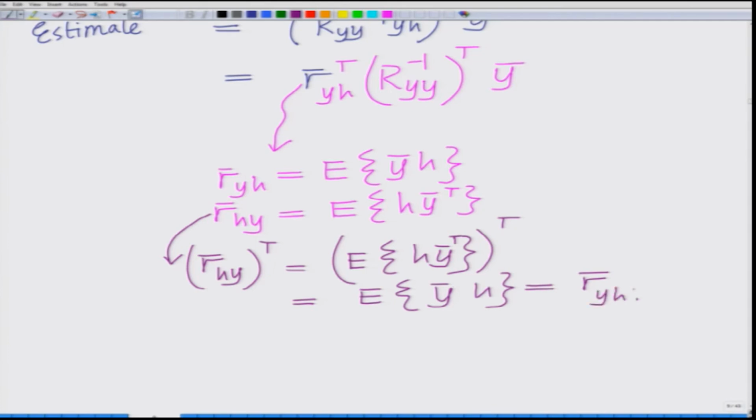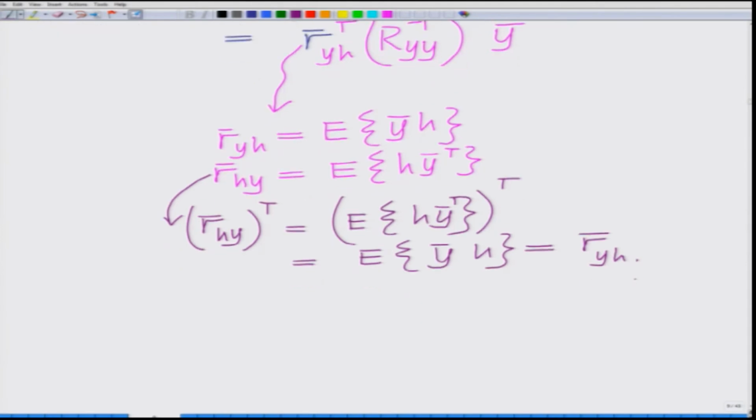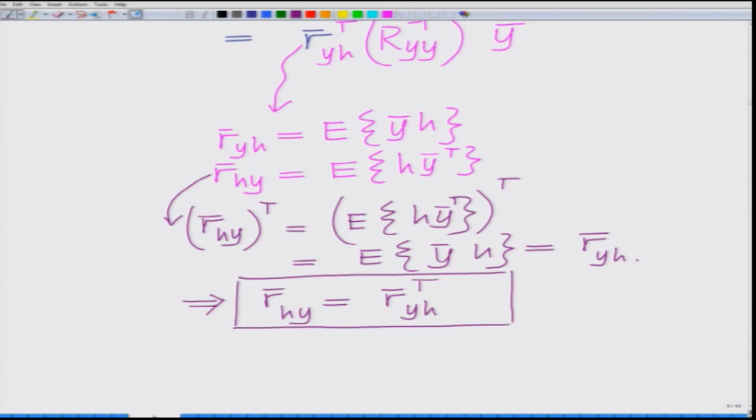So, R bar HY transpose is R bar YH, which means R bar HY is equal to R bar YH transpose. So, this is the relation between these two quantities, they are transposes of each other. R bar HY is the transpose of R bar YH.